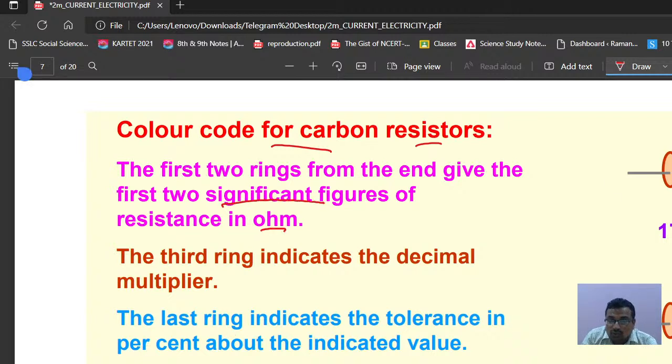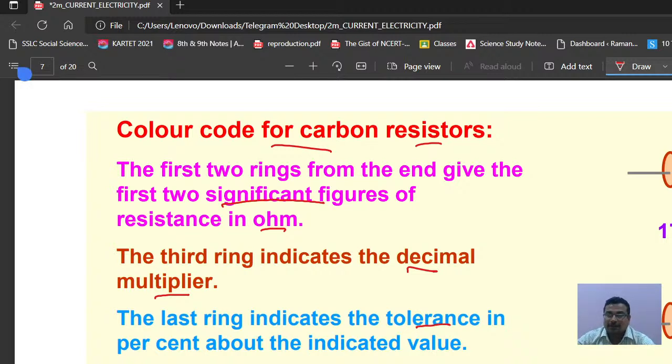The third ring indicates the decimal multiplier, the power of 10. The last ring tells about the tolerance in percentage.